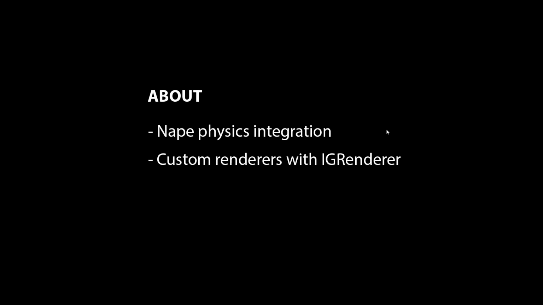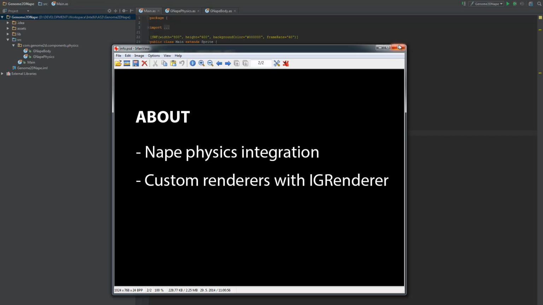You will be able to start in minutes. And secondly, I'm going to talk about custom renderers and how you can implement your own renderers and batching using the EG renderer interface and how Genome2D handles it internally. You will also be able to implement 3D rotations through this, so a lot of people are looking forward to it. So let's start with Nape.